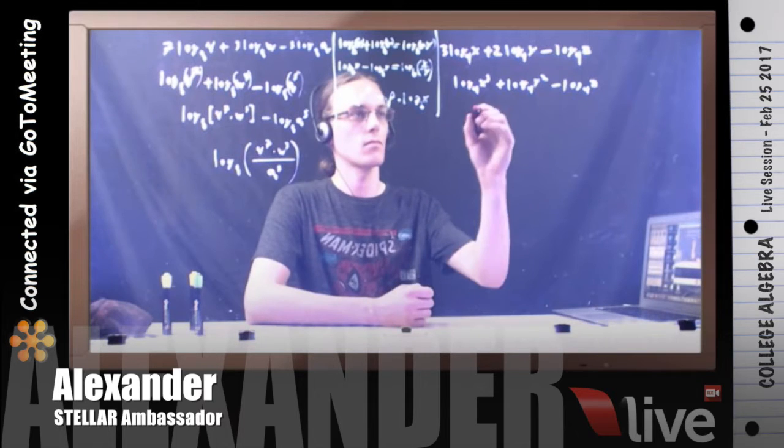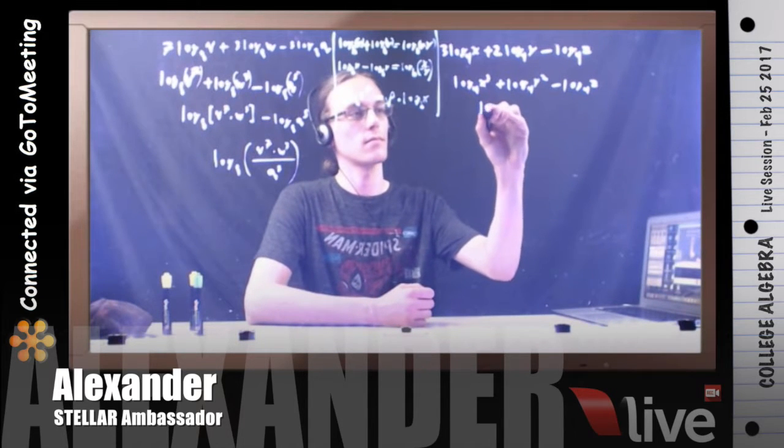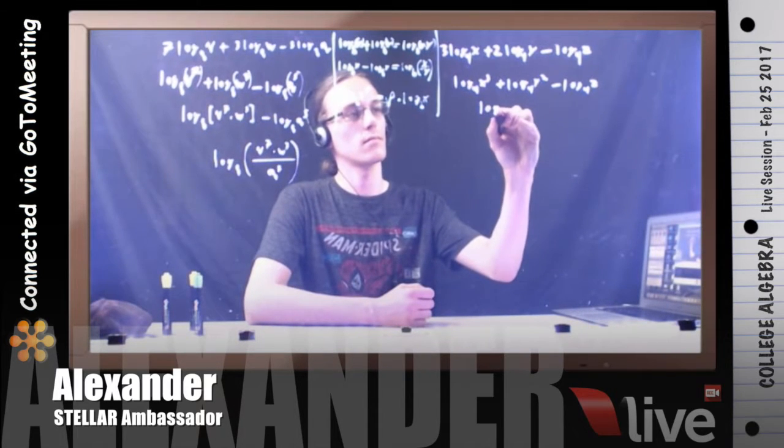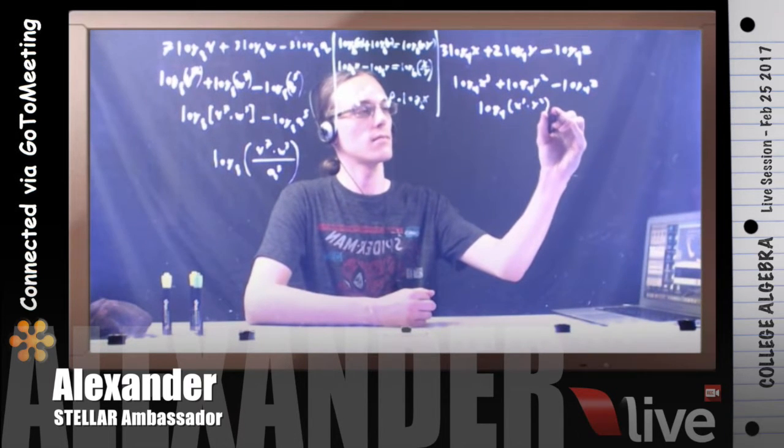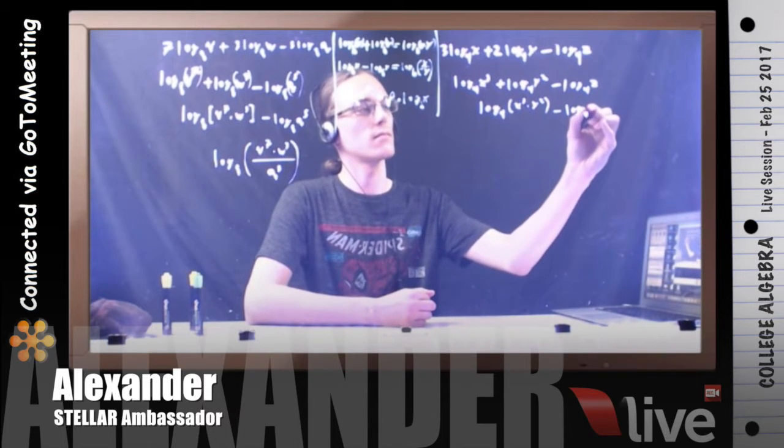Cool. So far, so good. Okay. Yeah. That's one of those properties. The next one we have addition. So let me look at my notes. That means we got to multiply those together. So log base 4 and then parentheses x to the third times y to the second, and then close parentheses, minus log, nothing changed there, log base 4 of z.